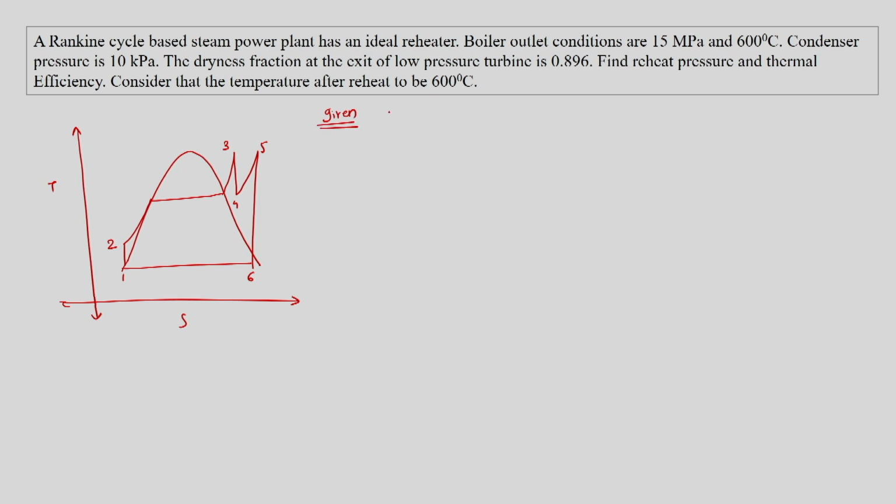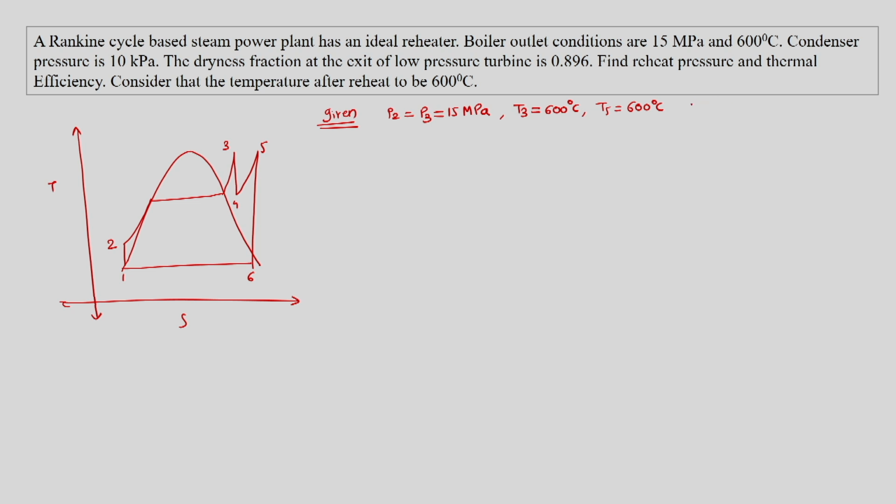So in the given things we are told that P2 is equal to P3 is equal to 15 megapascal. T3 is said as 600 degrees Celsius. We are also told that T5 is also 600 degree Celsius.